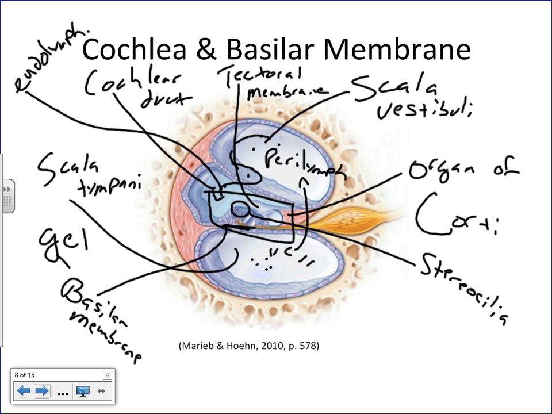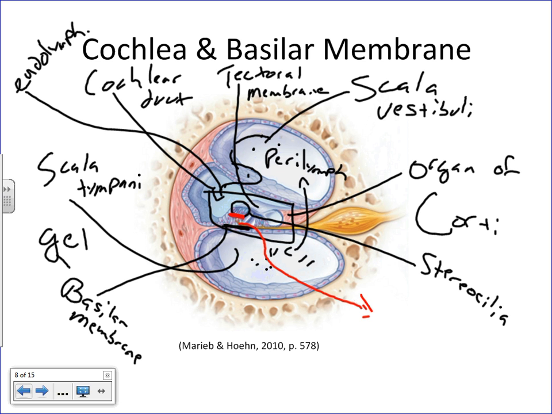Okay, the stereocilia, the hair cells. Okay, and then you can see at the very ends of the hair cells that there are nerve fibers that are associated with them. Okay, so you can start to do the math here, that as these membranes start to shift around, these hair cells are also going to start to shift.